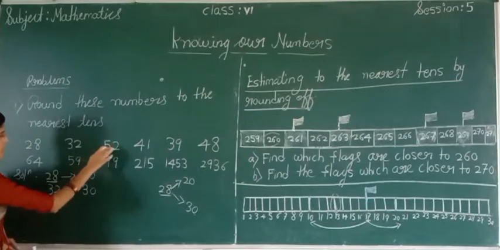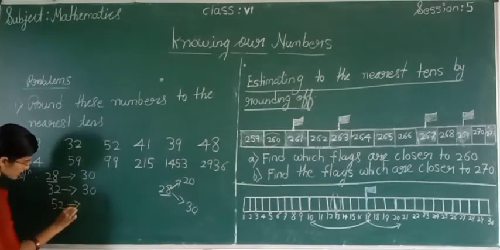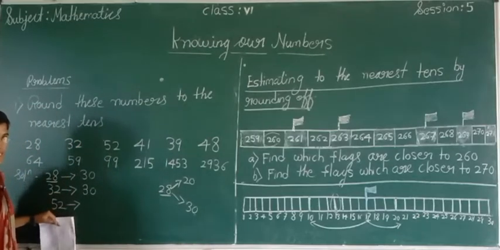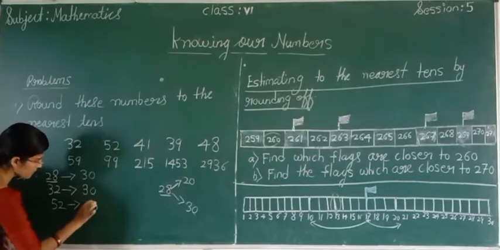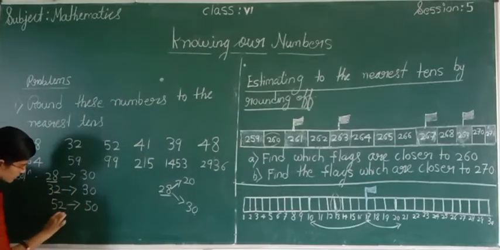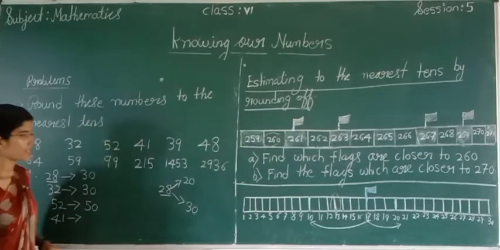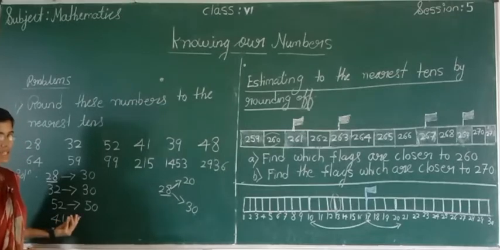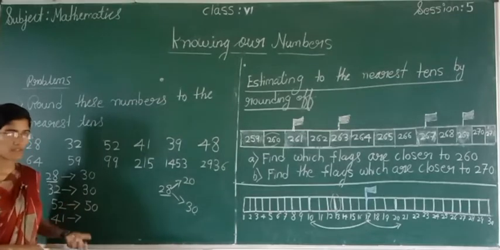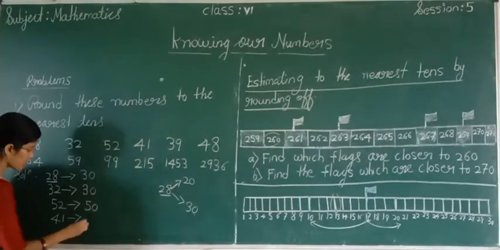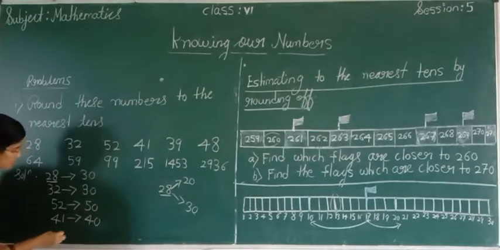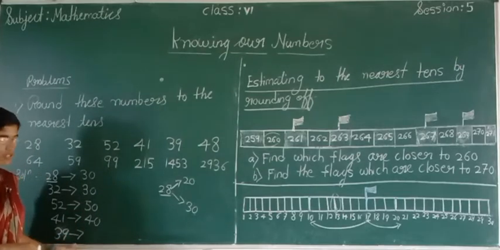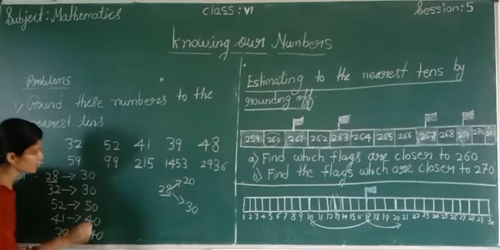Yes or no? 52. 52 will lie between 50 and 60. 52 is very close to 50. Next see 41. 41 lies between 40 and 50. 41 is nearer to 40. 39. What about 39? 39 will lie between 30 and 40. It is very nearer to 40.